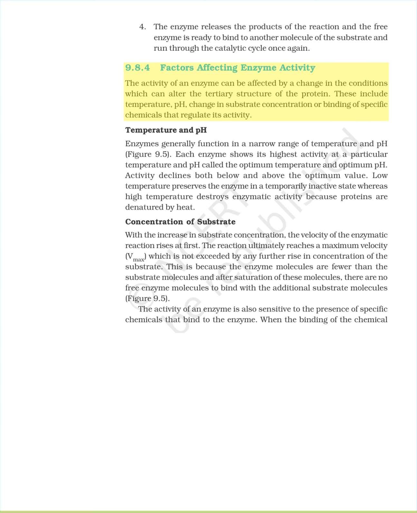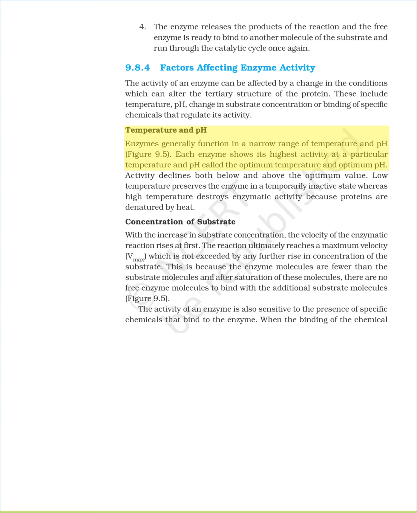9.8.4 Factors affecting enzyme activity. The activity of an enzyme can be affected by a change in the conditions which can alter the tertiary structure of the protein. These include temperature, pH, change in substrate concentration or binding of specific chemicals that regulate its activity. Temperature and pH. Enzymes generally function in a narrow range of temperature and pH, figure 9.5.